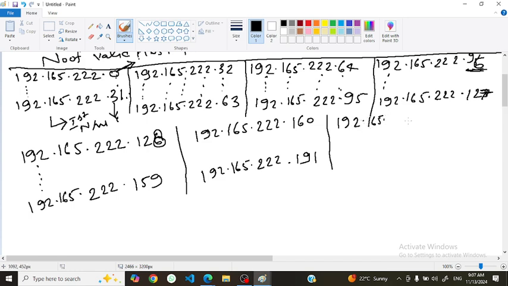192.165. What will be the value? Lakshman, tell me. 31. Gaurav, mute yourself, noise is coming from your background.